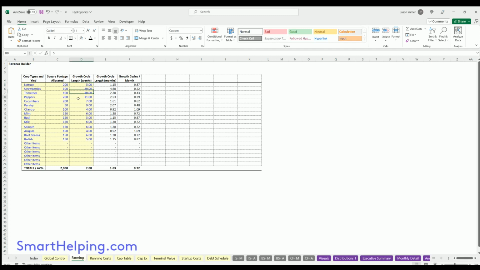And then you could change the cycle times for these and everything would update. I'm trying to think if there's a nice, easy way to do that. I'm not sure. Also, scaling the square footage is going to be a little tricky to automate.